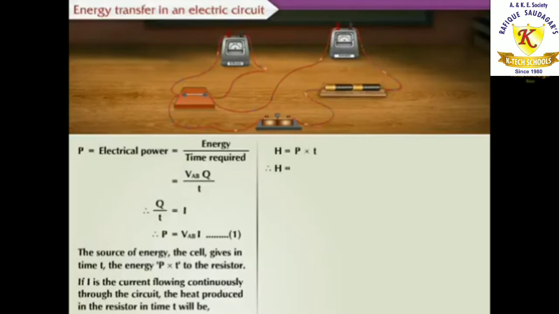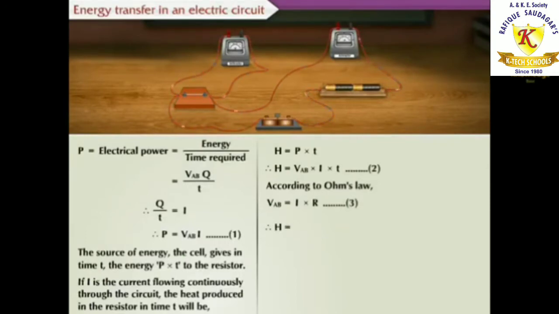Therefore, H is equal to VAB into I into t. Let this be equation 2. Now, according to Ohm's law, VAB is equal to I into R. Let this be equation 3.